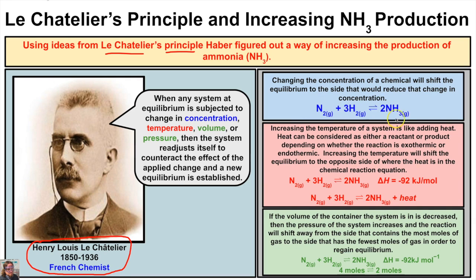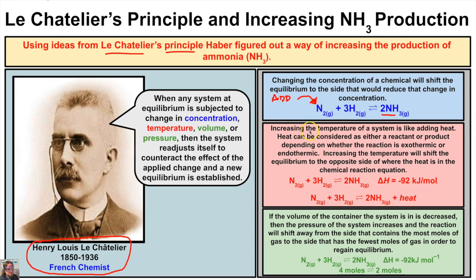So if we have this chemical reaction right here and we want to increase the production of NH3, according to Le Chatelier's principle, if we add more N2, more nitrogen, say from the atmosphere, then the reaction is going to shift to the right and produce more ammonia in order to regain equilibrium. So one way that we can increase the production of NH3 is by adding more N2. And since it comes from the atmosphere, that shouldn't be an issue. There's plenty of this stuff right here.